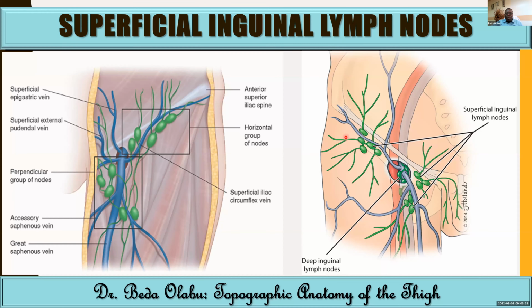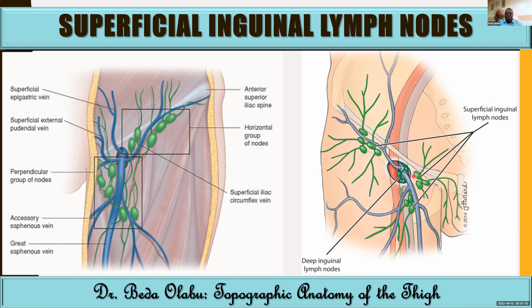The lateral portion of the horizontal group of lymph nodes are the ones which accompany the superficial circumflex iliac. They also accompany the superficial epigastric. And so they'll be draining superficial lymph from the gluteal region and also from the anterior abdominal wall. That's their territory.